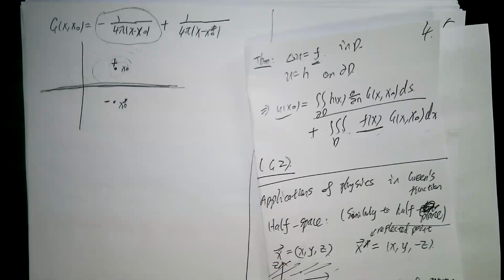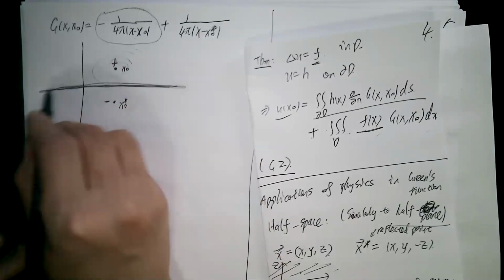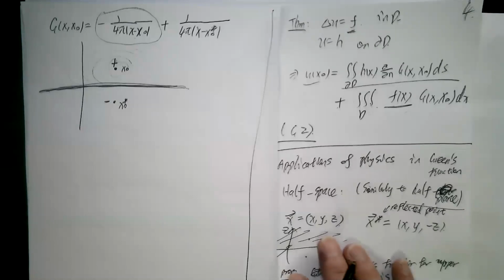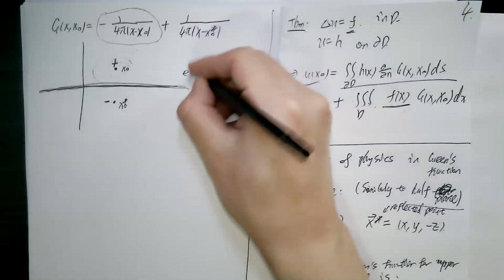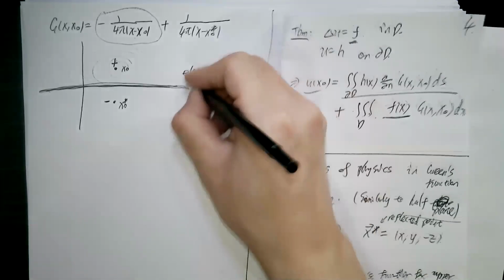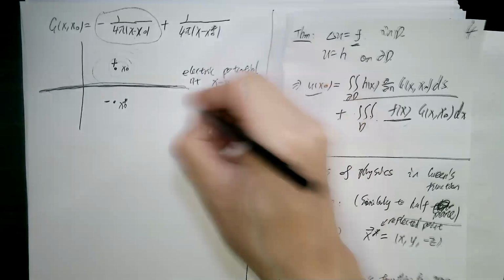Then magically you will find that the electric potential at the xy plane is 0.